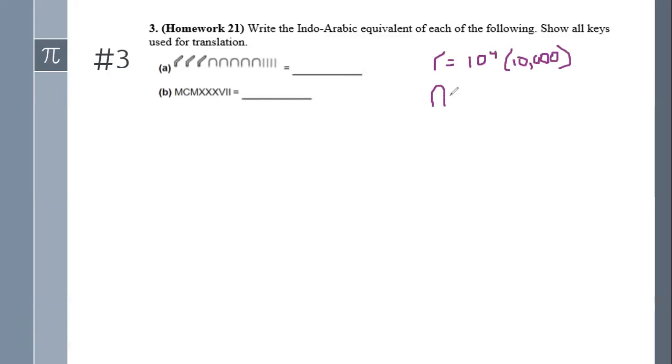These upside down U's are just 10. And then tallies, those are simple. They're going to be 1.